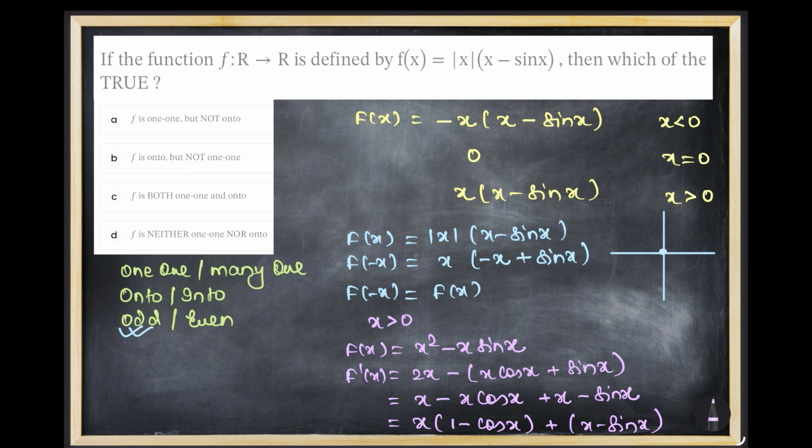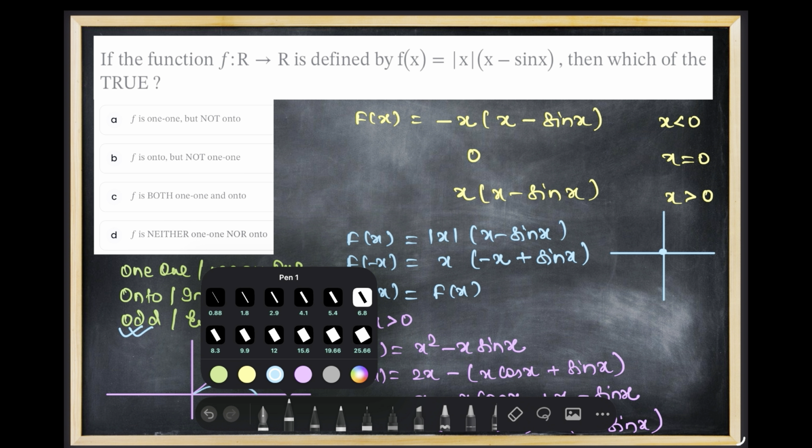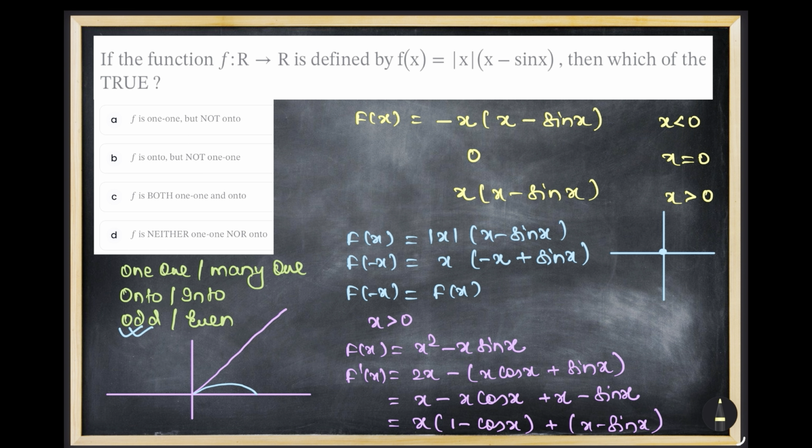Now look at this. You guys try to understand this part. This is the y equal to x graph. This is correct. And then we have the sine function, cos function. You know that the sine function graph is slightly below y equal to x. This is your sine function. And then we have the cos function. The cos function will start from 1 and go this way.